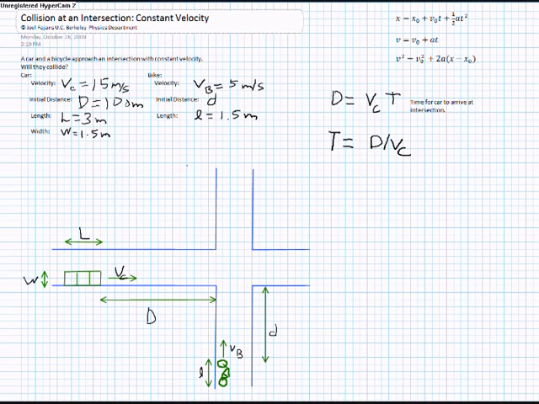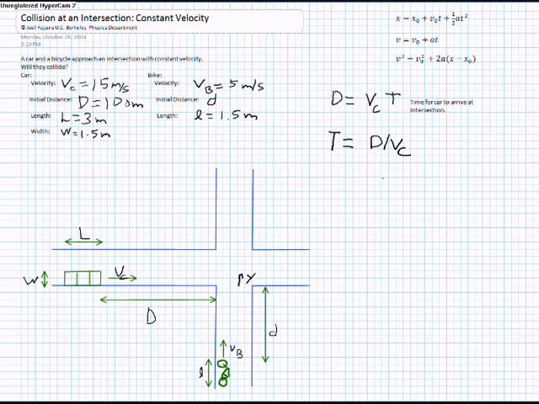Now, what about the bicyclist? Well, to find the bicyclist position, we have to define a coordinate system. So let's define a coordinate which is going upwards in this direction, and we'll call that position upwards starting at this point as 0. We'll call that the variable y. In this particular coordinate system, the bicycle over here starts out at a distance that's equal to minus d.